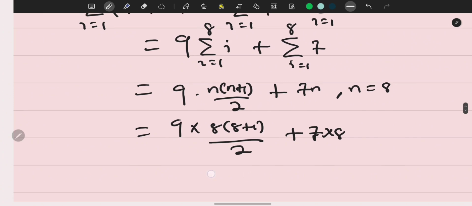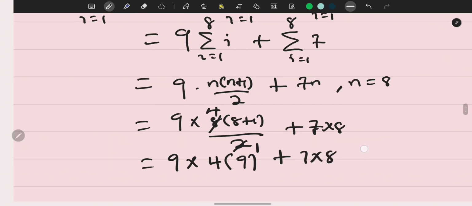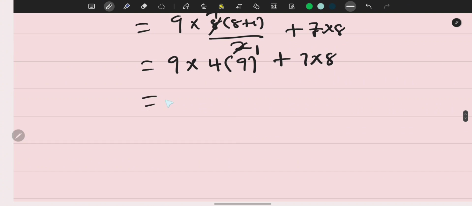Okay, and again you're going to have 9 times, 2 in this place is 1, 2 here you have 4, then 8 plus 1, that's 9, and 7 times 8. So this is 9 times 4 times 9.